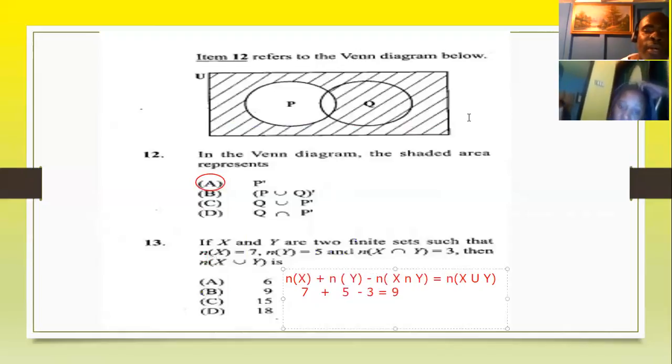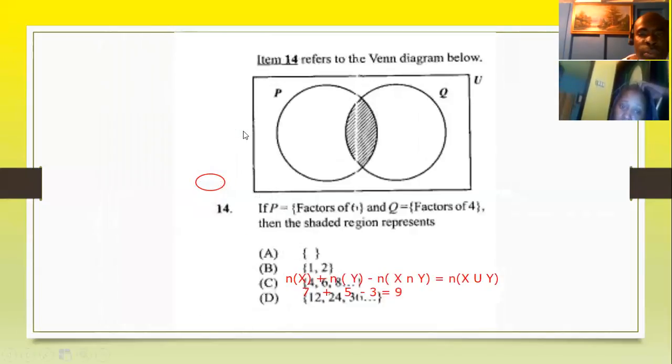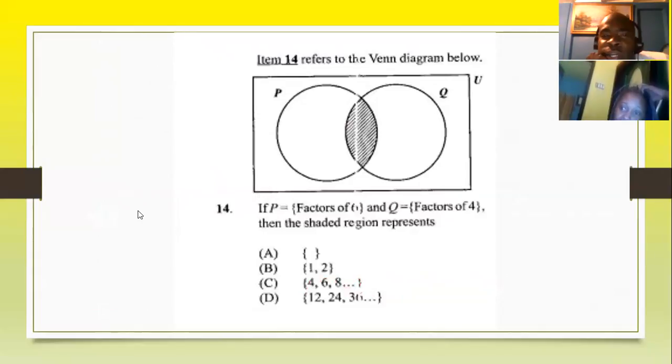All right, let's move on to our next question. Let's see if we get this one correct. Ready? Familiarize yourself with the question now.